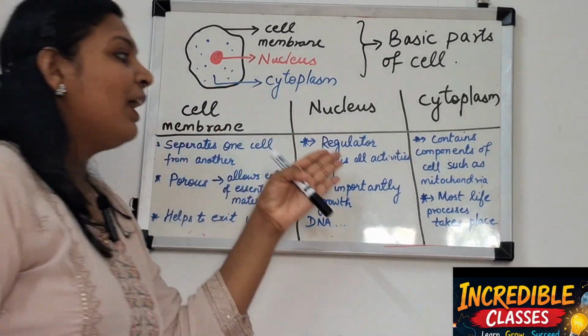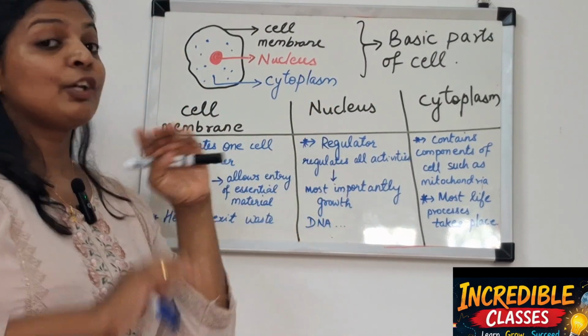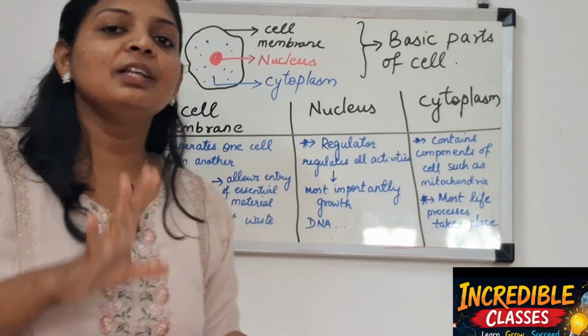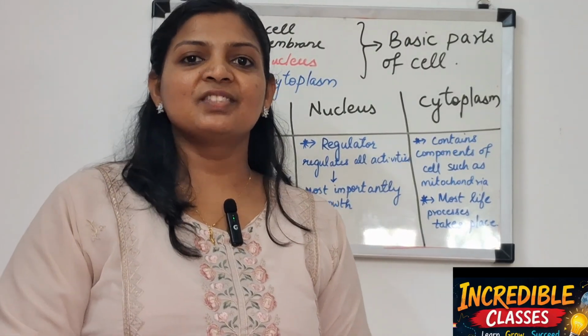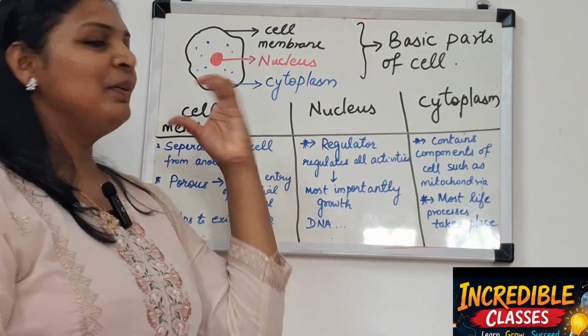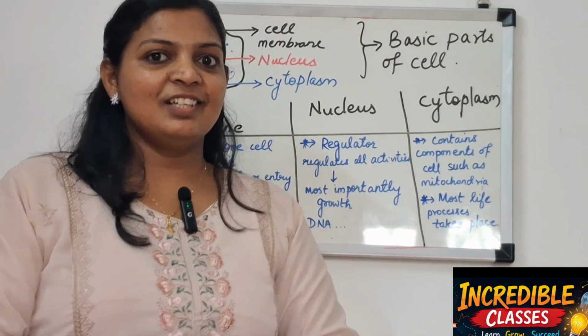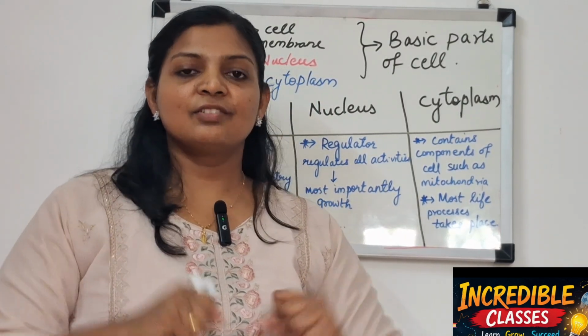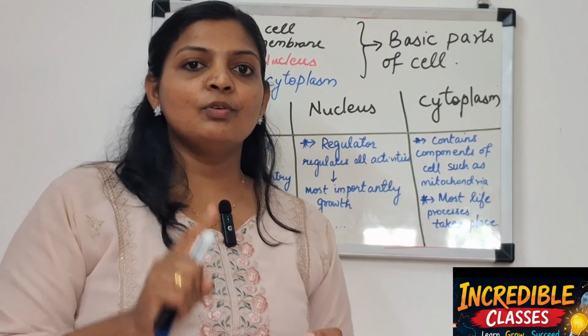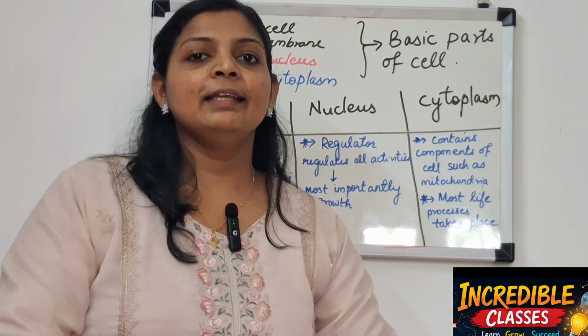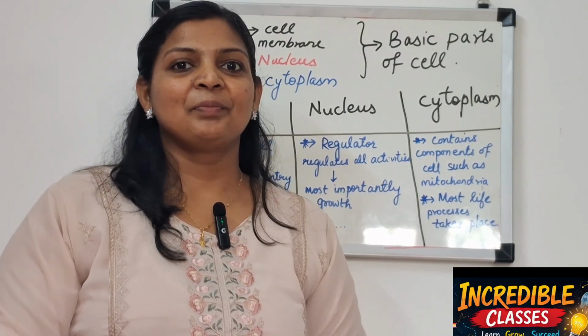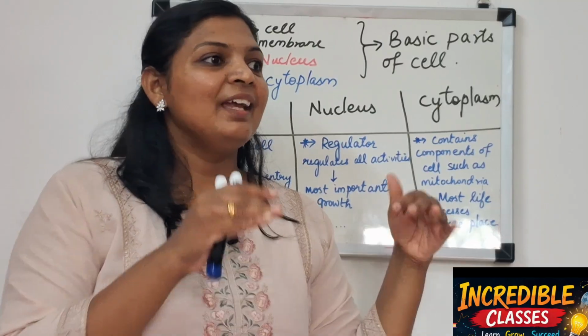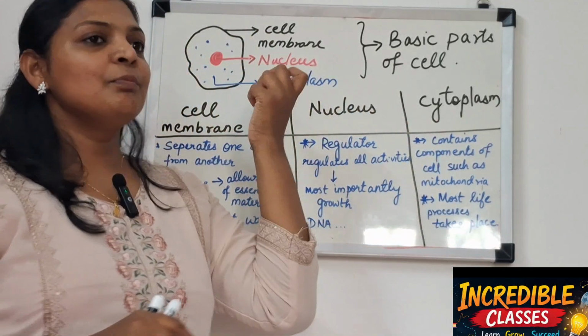Then we will move to another part, that is the nucleus. The nucleus is a very important part of the cell. It is a very big, round structure inside, and it is the regulating body. It regulates everything. Without saying yes or no, nothing will happen in the cell. It is the main regulating body, a head.